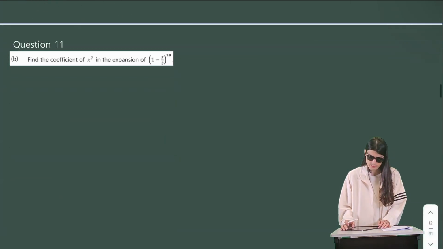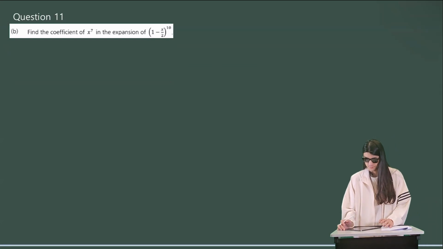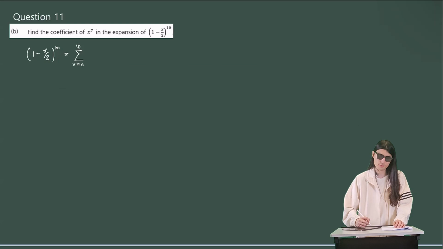Next one, 11. Coefficient of x to the power of 7. Right. We need the expansion. So this is the sum of 11 terms.